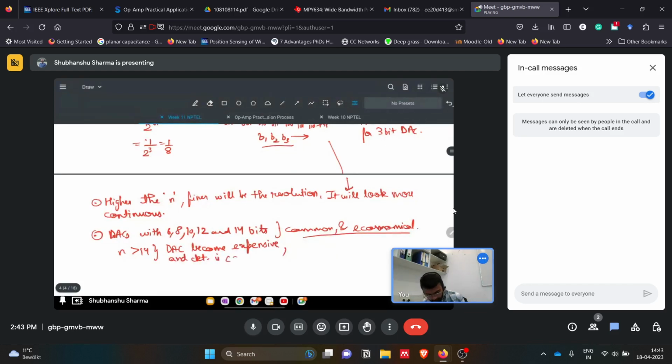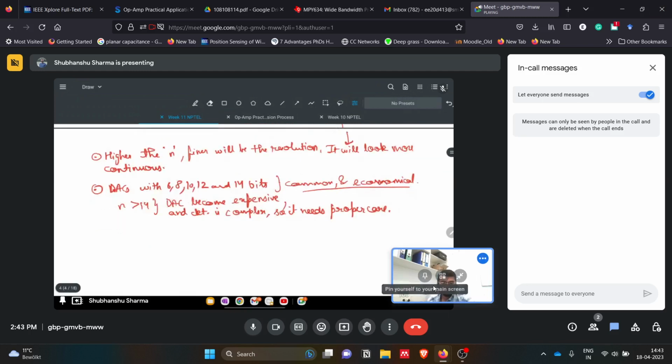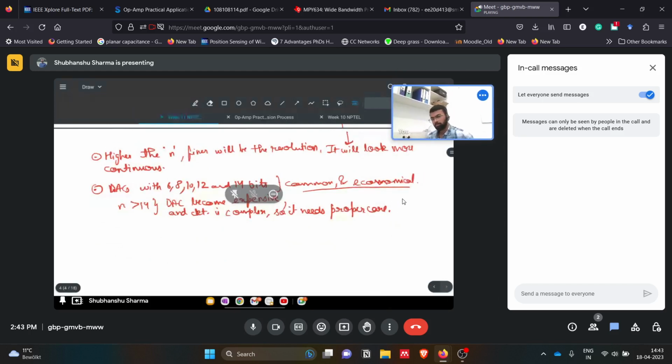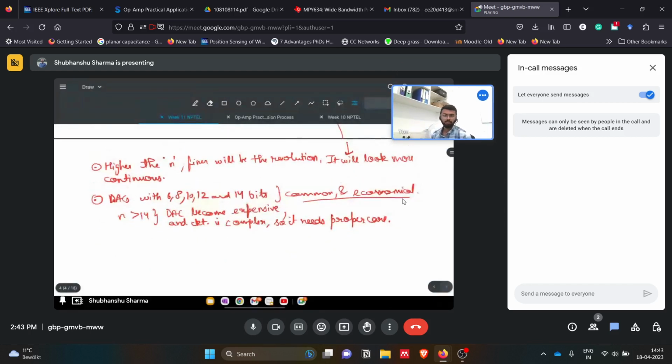The circuit is complex, so it needs proper care. It is difficult to handle such a high number of bits. We can get our solutions using 14-bit and 12-bit DACs for our day-to-day purposes, like lab experiments.